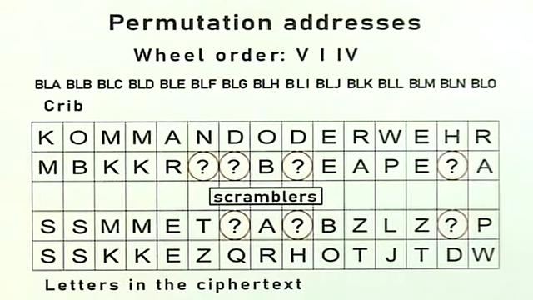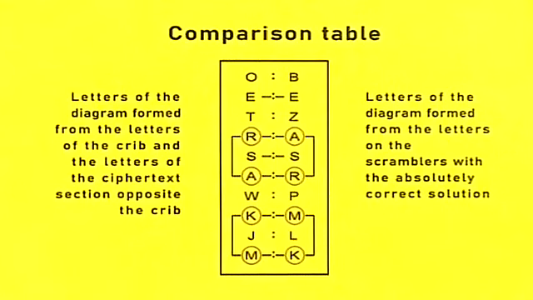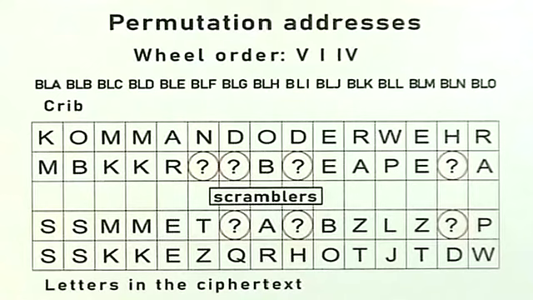These are then the letters that are applied to the scramblers for processing. But this time I used all the knowledge of the letters from this table. I have added a question mark to letters that have not yet been determined.